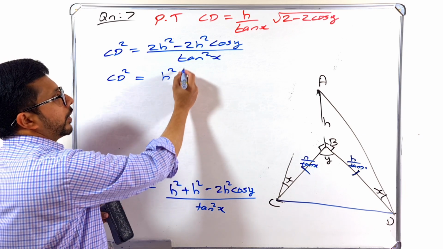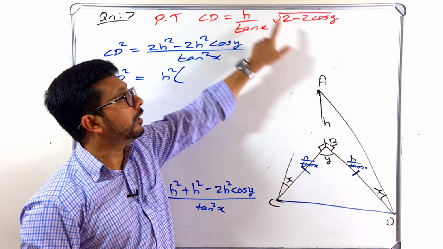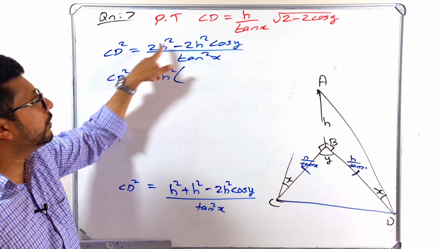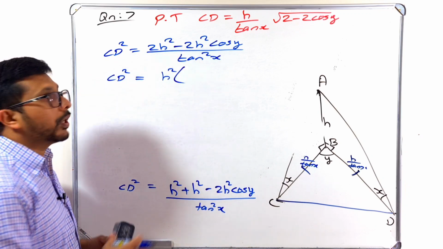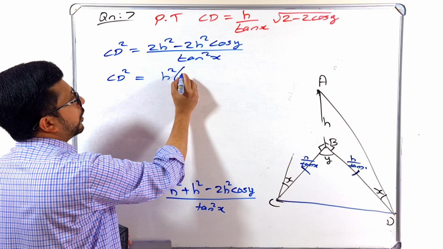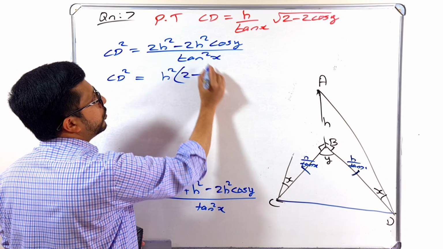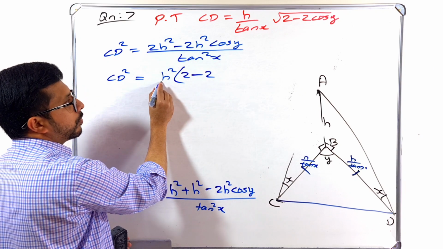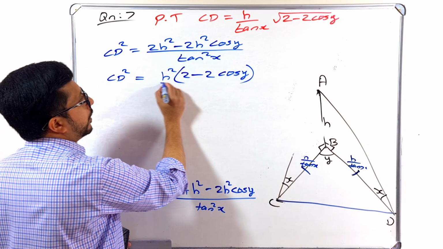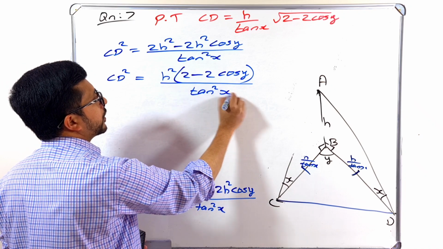Because here I can see only h is outside and both the 2's are inside. That's why I am going to leave these 2 as they are. I want that inside the root. So h squared I took as common factor, then 2 minus 2 cos y, divided by tan square x.